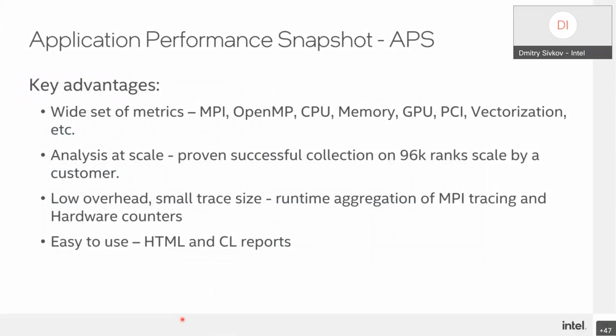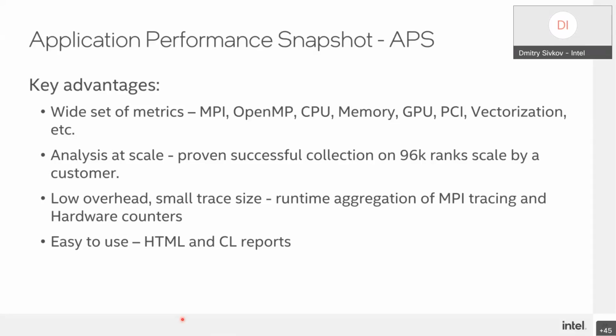But Application Performance Snapshot is a lightweight utility, and it is proven for data collection on 96 kiloranks, and a whole spectrum of metrics, with MPI imbalance, on 46 kiloranks, tested with real-time applications. And of course, trace sizes are much smaller and the overhead is lower.